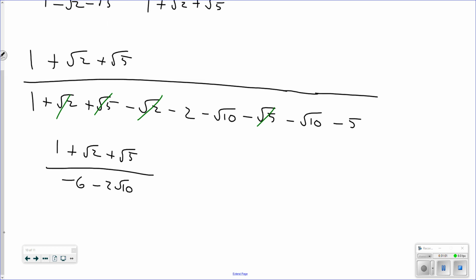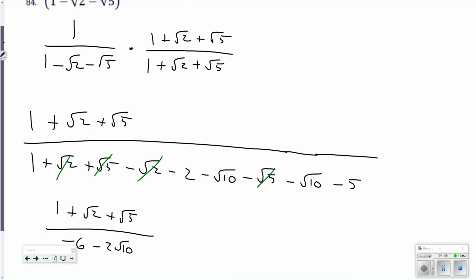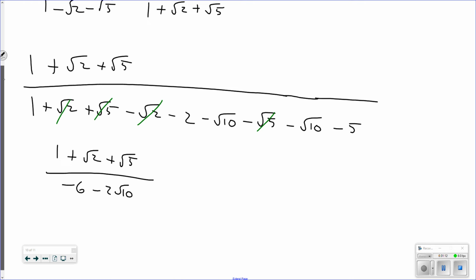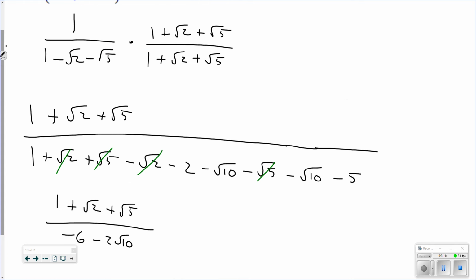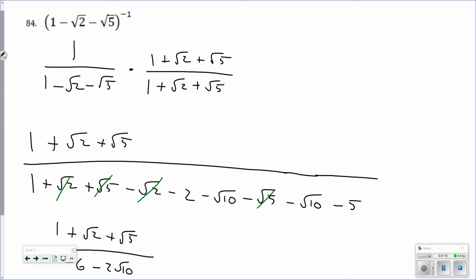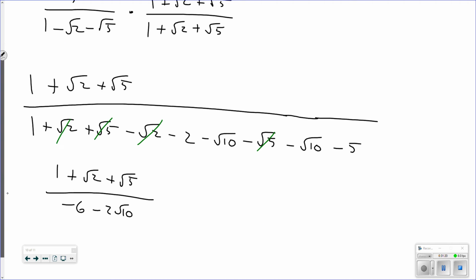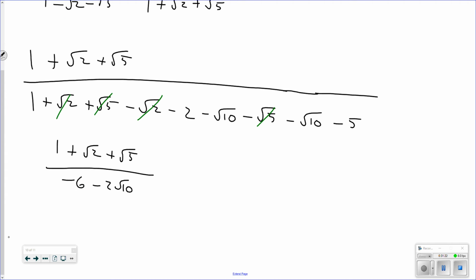Why do you have 2 root 10 here and root 10 there? Because it's been multiplied, so I changed both signs. I think Mr. Stevens did 1 minus root 2 plus root 5. You can try that way. I think it might work out the same, get the same answer. That's the way I did it.